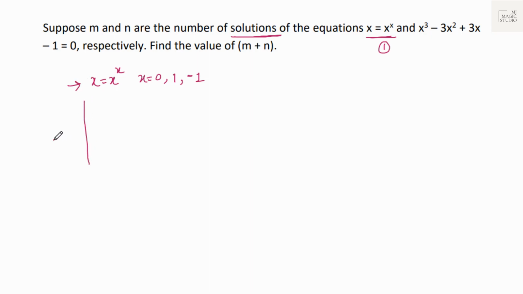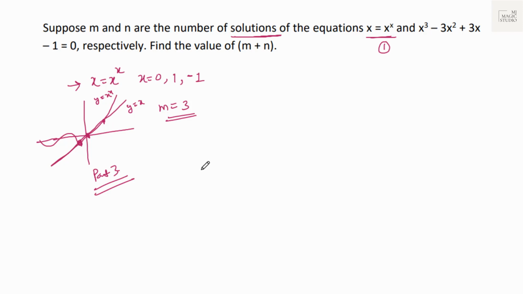And if you plot this on graph paper also, you will get a graph like this, which will cut y equals x and y equals x to the power x. They will intersect each other at 3 points. So the value of m is 3. You can get this in detail in our part 3, how we have done this.